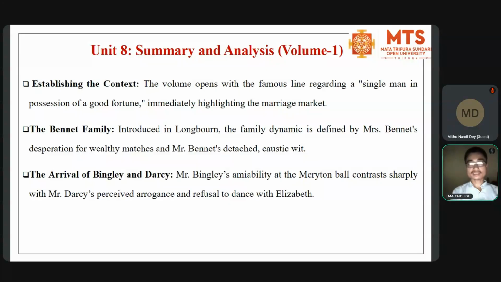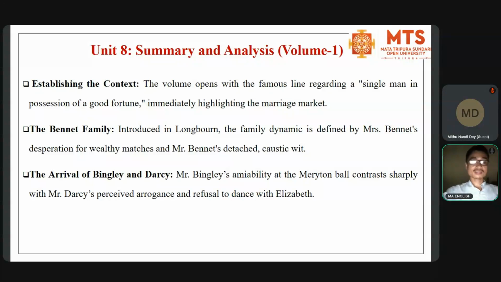The novel begins with her famous line, frustrated after looking: a single man in possession of a good fortune. She says there is not a single person who is good as a human being and also has wealth. So she's frustrated.